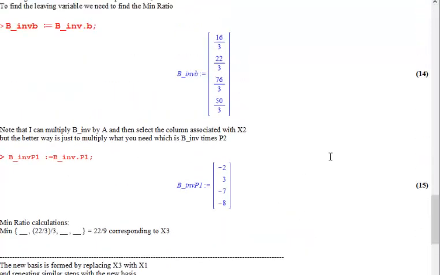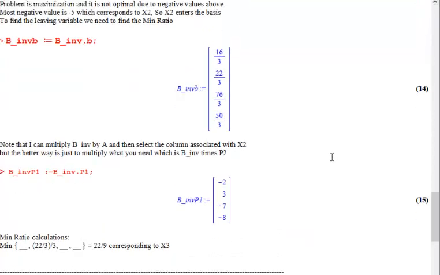And in this case, we see the right hand side value B inverse B for the new iteration of these values, and B inverse P1 of these values. There's only one positive value in this case, so that will be the leaving variable.